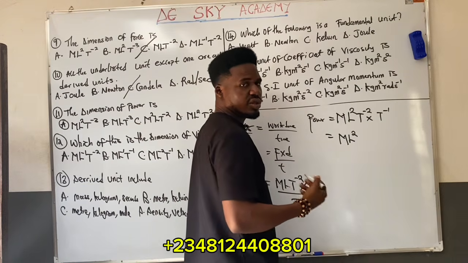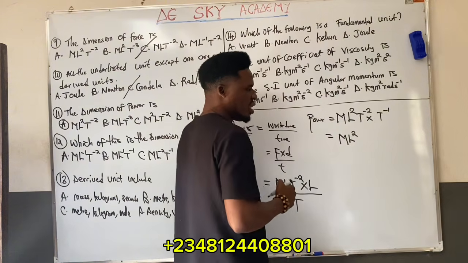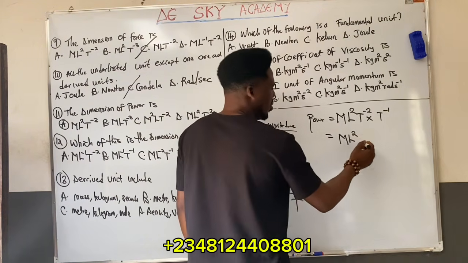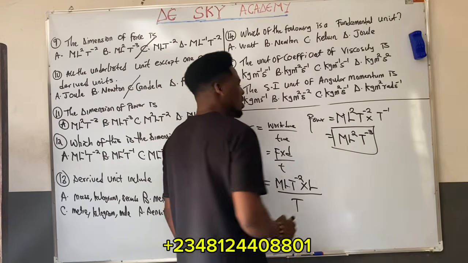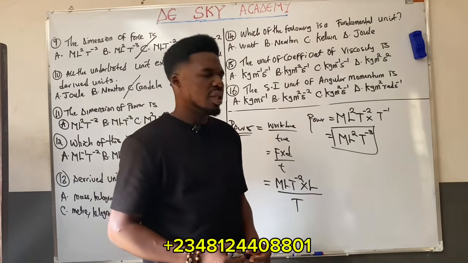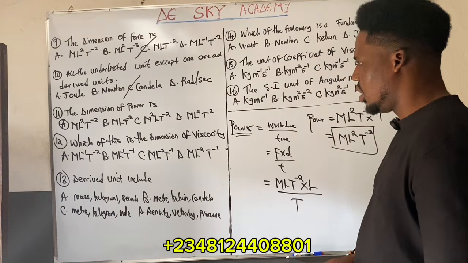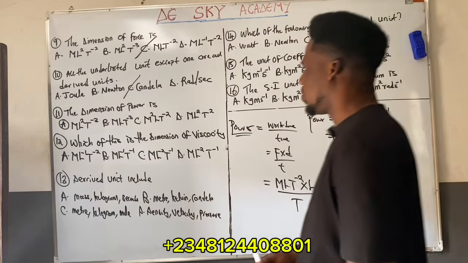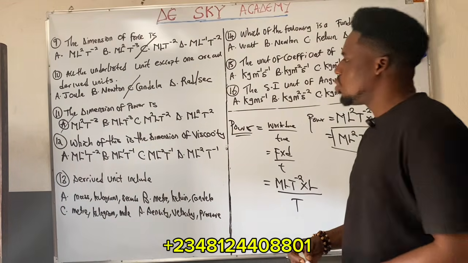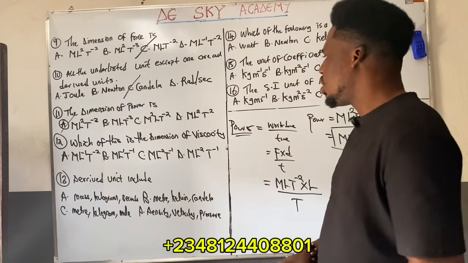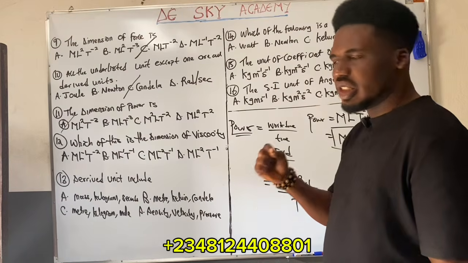Remember that plus minus is minus. So this is minus 2 minus 1. What is minus 2 minus 1? Minus 3. You have T raised to power minus 3. So the dimension of power is ML²T⁻³. Do we have anything like ML²T⁻³ in the options? Yes, which is option A.